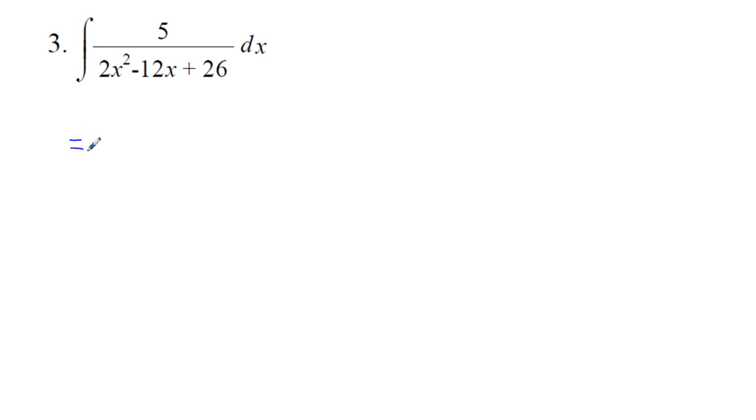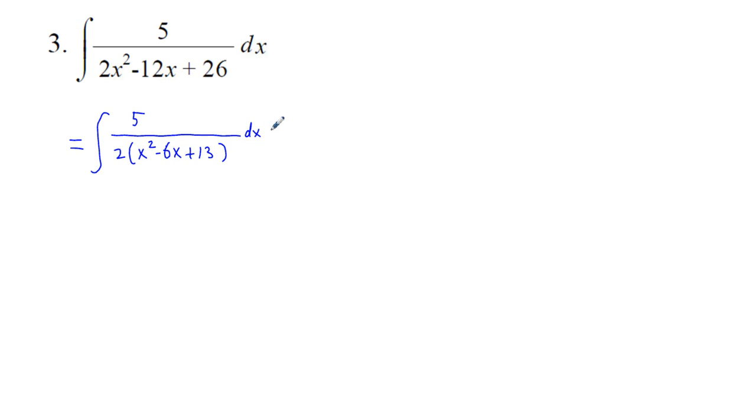What I'm going to do here is rewrite this as 5 over, we're going to factor out, looks like a 2 is a common factor here, so we have 2 times quantity x squared minus 6x plus 13, and then dx.